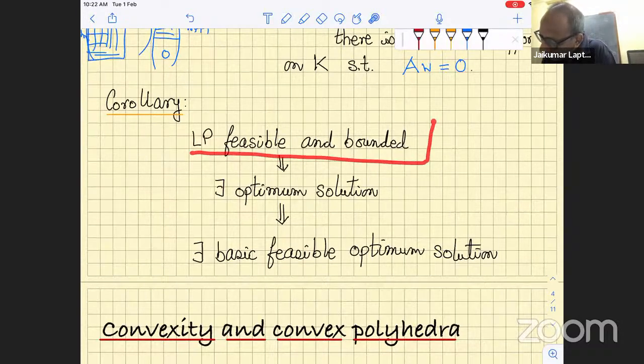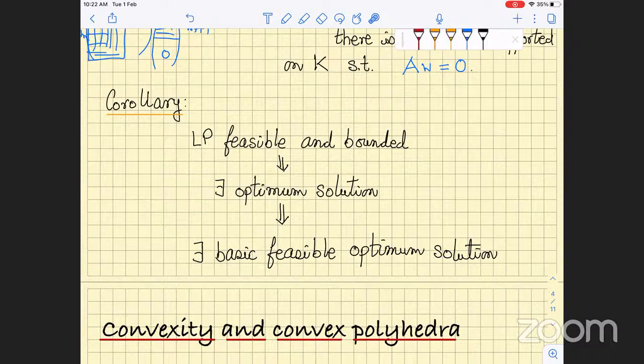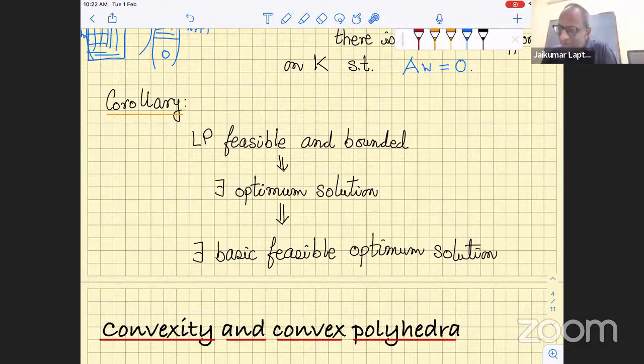Now, if you have a linear program which is feasible, and I have one question, sir. Yeah, please go ahead. Is there any way to check whether it will be unbounded or not without doing the computations? So given a linear program, whether it is unbounded or not, there is no easy way. You have to do some algorithm anyway.